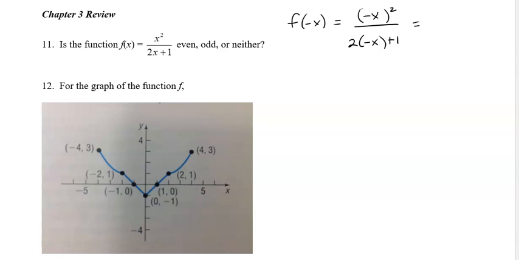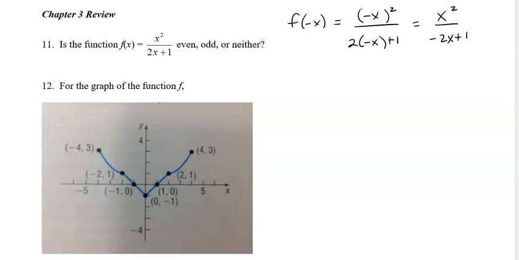So the top becomes x squared. That's no different. But the bottom becomes negative 2x plus 1. This is a little tricky, because when I replaced x with negative x on the bottom, it didn't actually change the entire denominator.